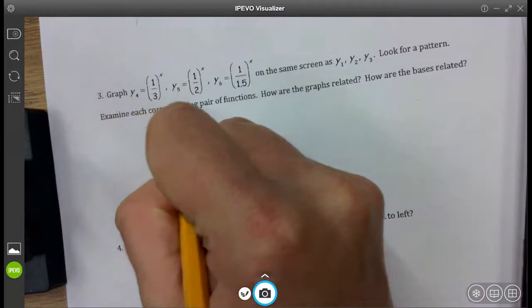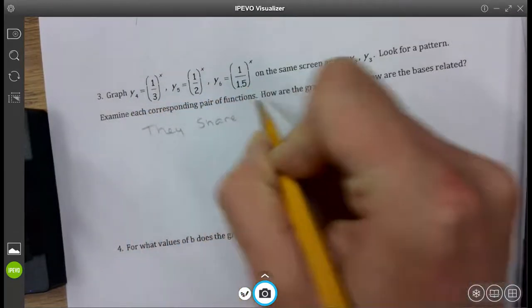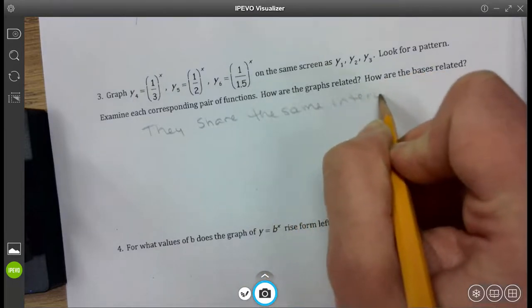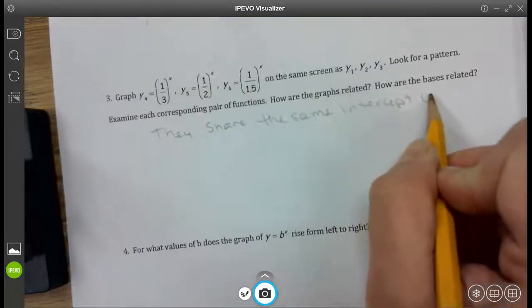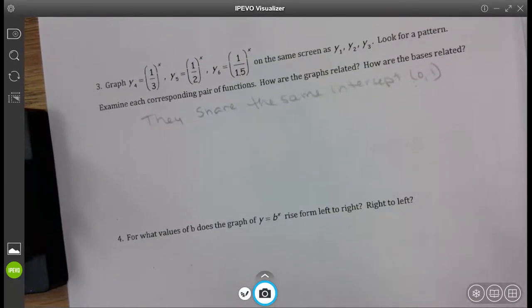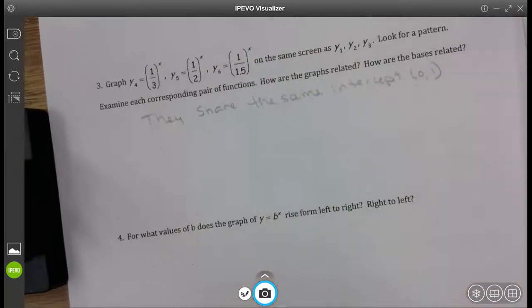They share the same intercept again. They all go through that 0, 1. How are the bases related? Well, the steeper one is the blue one, which is 1/3. It's actually the steepest. Well, think about it. 1/3 is about 33%.